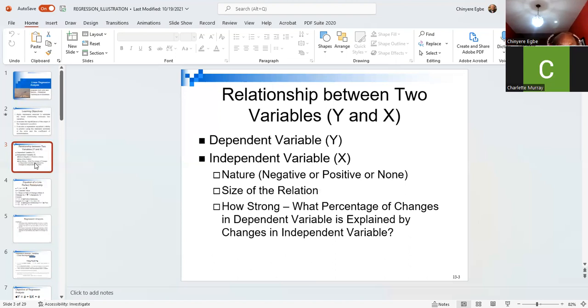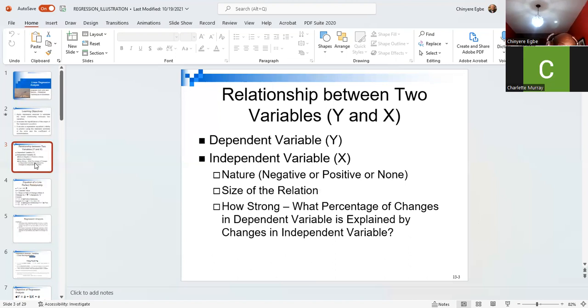All right. Now, when we say that the values of the dependent variable depend on the values of the independent variable, right? So what are we trying to look for, okay? What we're trying to look for is at least three things.